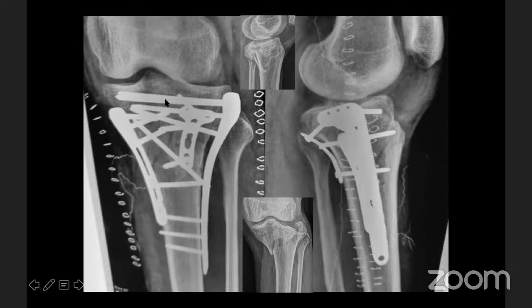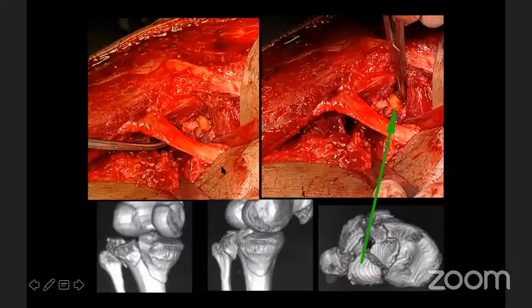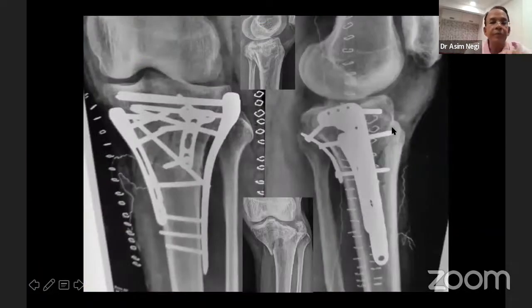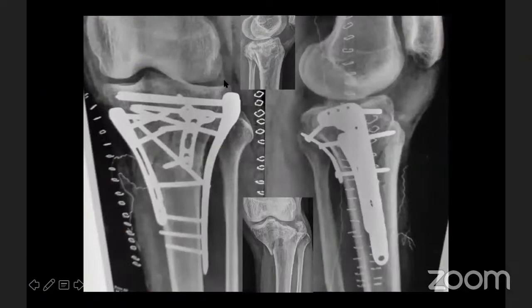And it can reduce because there is no comminution here. It was only clear fragments, large pieces only. There was no comminution to clear off. So whatever had fallen back, I accepted and fixed. I just reduced line to line. It may be widened by 2 to 3 millimeters only, nothing more.